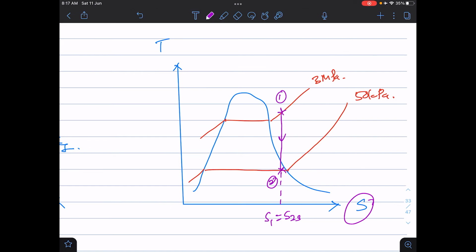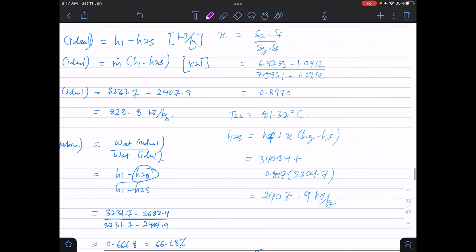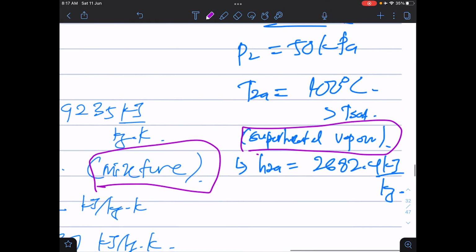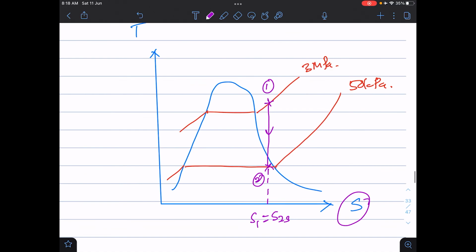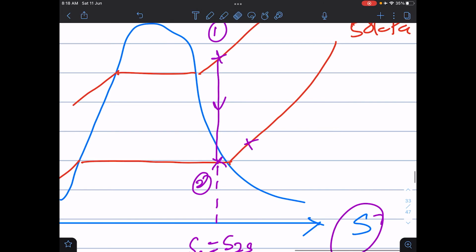Sometimes when you sketch and go straight downward, you get a superheated vapor, so you need to readjust your curve back so that you still get the mixture. Another one, for the actual state 2A, we get a superheated vapor. So superheated vapor at 50 kPa is around here. Sorry, just now the 2 here you need to write as state 2S.